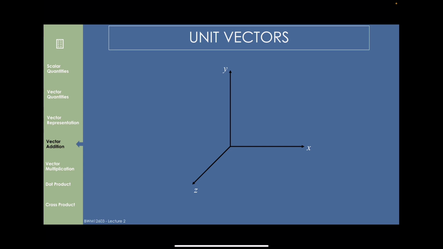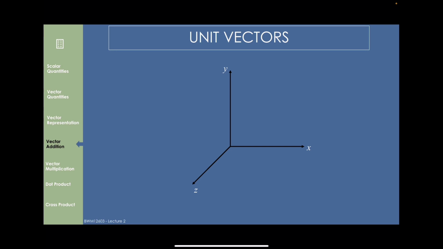They are merely used to represent directions. That's why they have unit magnitude: if they are multiplied with any vector, they do not change anything because they are unit, and their direction is along a certain axis.